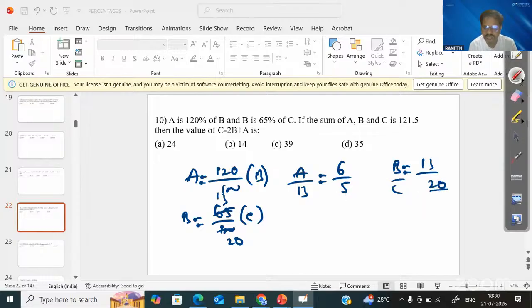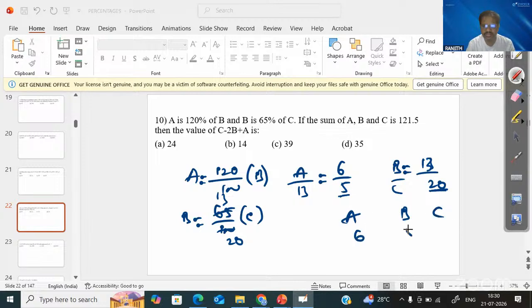So where C we are having 20. So I am also taking B, so C is 20, right? B will be 13. Here B will be 5. So I am equating B. So that will be equal to A, B, C.